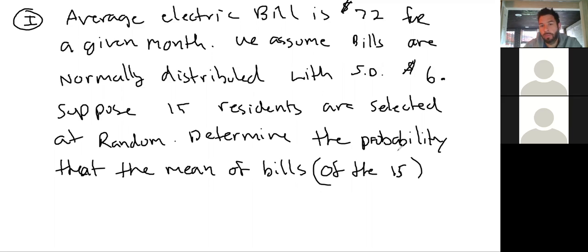Maybe it's not clear when you read the original problem. We want to know what's the probability that it's less than $75.